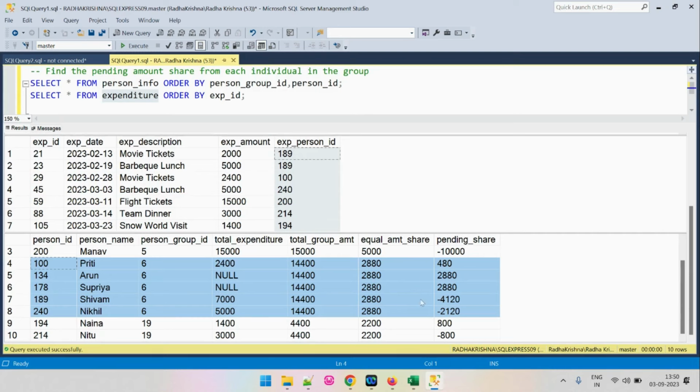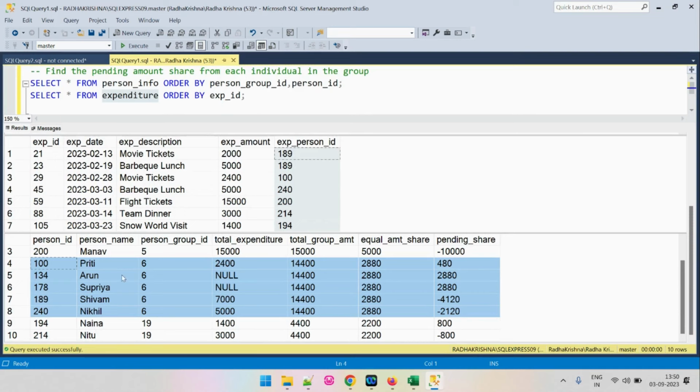Now we have to find out finally how much each person has to pay or has to receive based on their expenditure. For example, the user Priti has already done an expenditure of 2400, so out of the equal share of 2880, subtracting this amount we get 480. So Priti is left to pay only 480.